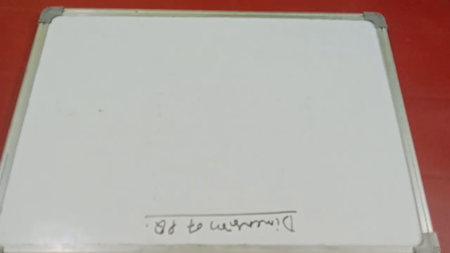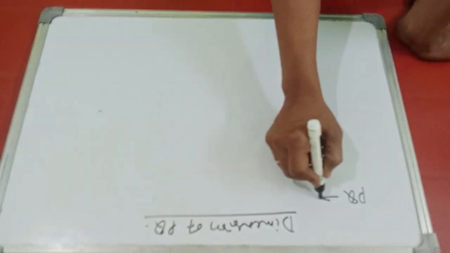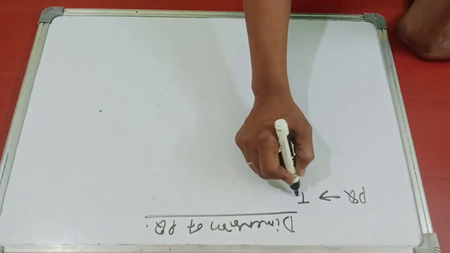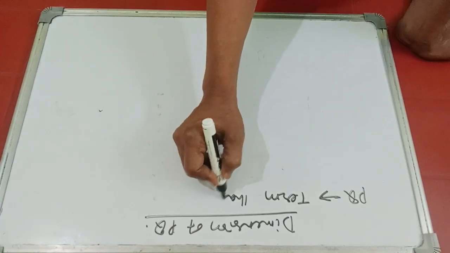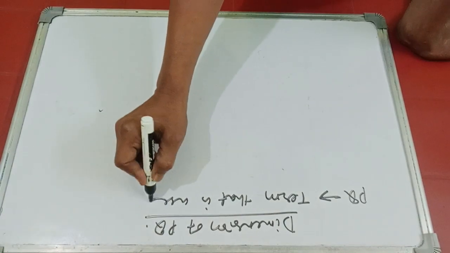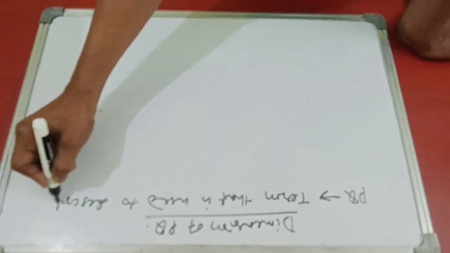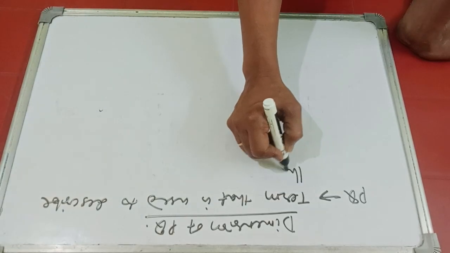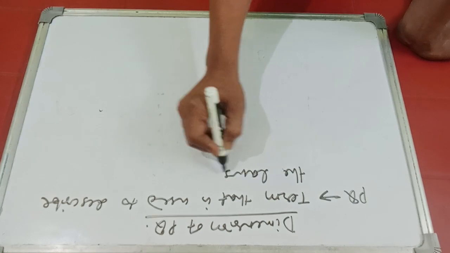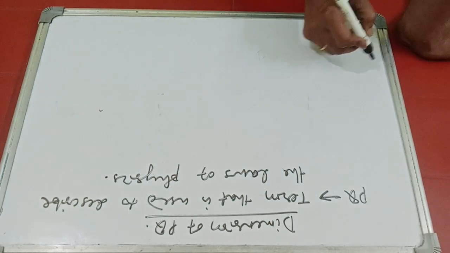Physical quantity is a term that is used to describe the laws of physics.